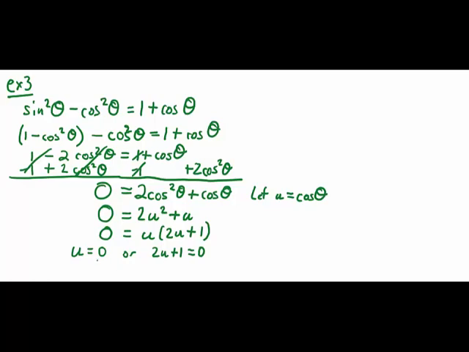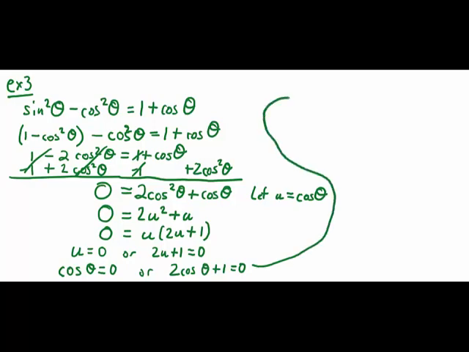Okay, well, now that we understand that, we learned that u is equal to cosine theta, so cosine theta is equal to 0, or 2 cosine theta plus 1 is equal to 0. Now I'm going to take all of these and move them up here to the top. So I've got my cosine theta equals 0.